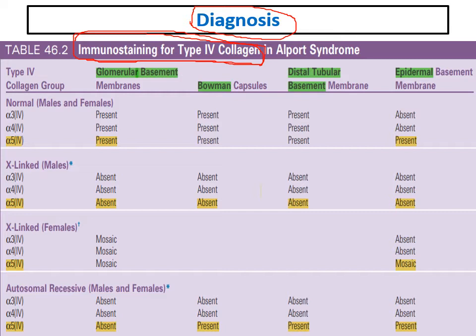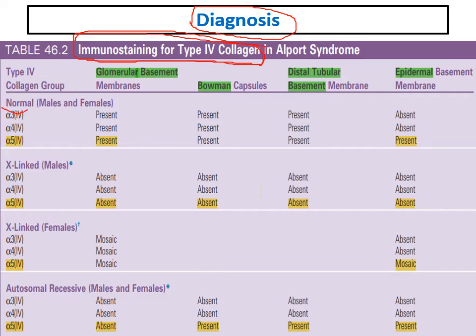In our practice, to reach a diagnosis of Alport syndrome, it usually depends on the skin biopsy. Skin biopsy is much less invasive than renal biopsy.